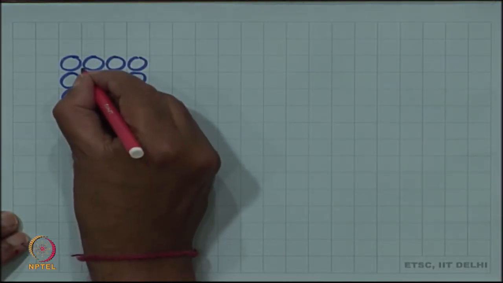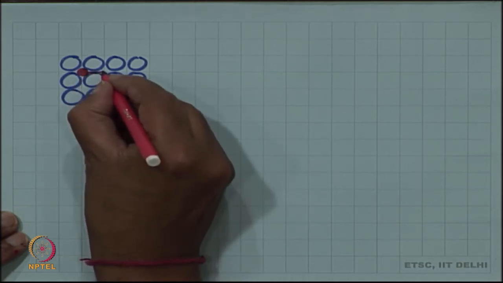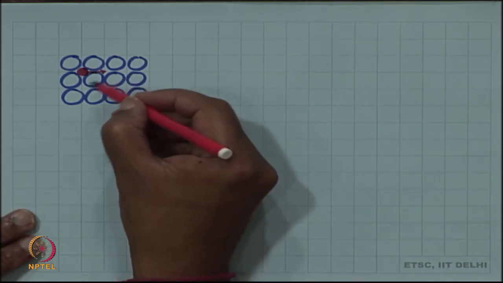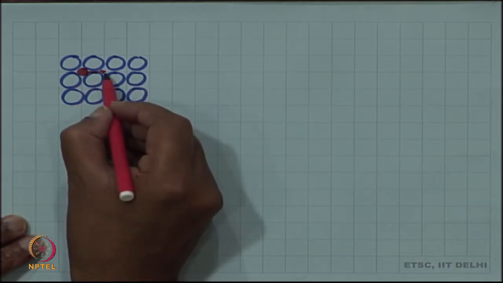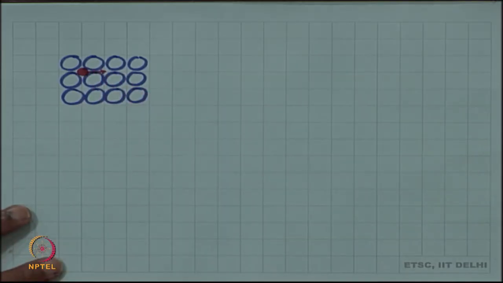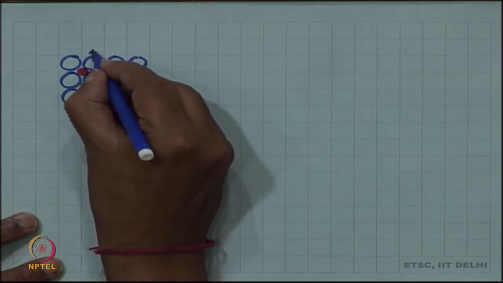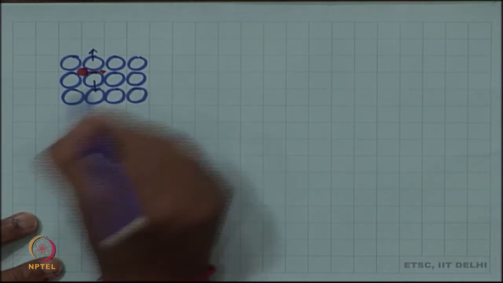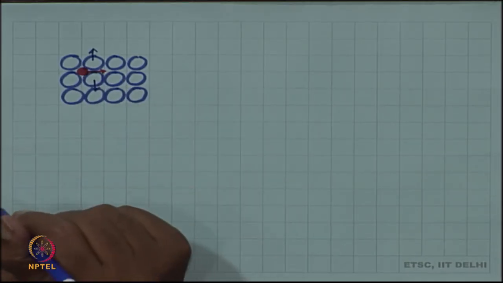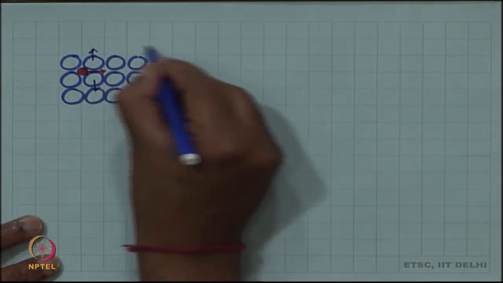When a solute atom wants to jump from one neighboring site to the nearby neighboring site, the neighboring site may be vacant and may be ready to accept, but the path requires distortion of the neighboring atoms, because the path is narrow and unless and until these atoms move out to allow this atom, this will not go through. So, this distortion requires energy.